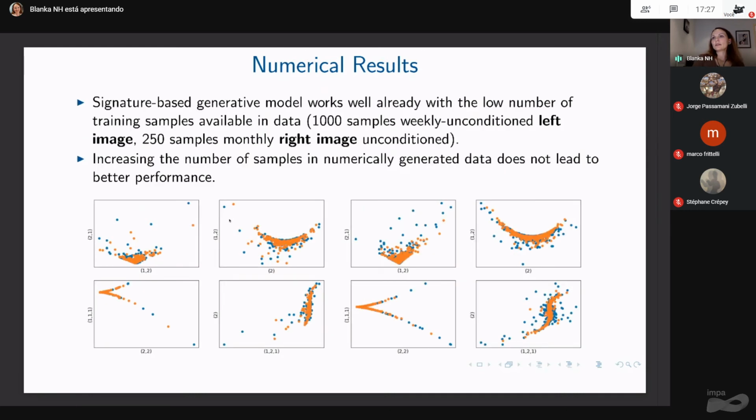So you see that they all look quite similar, but again, this is all in signature space. Maybe one remark over here: the way we verified that the network works already quite well with as little as 250 samples was that we redid the entire experiment, this time with numerical data.